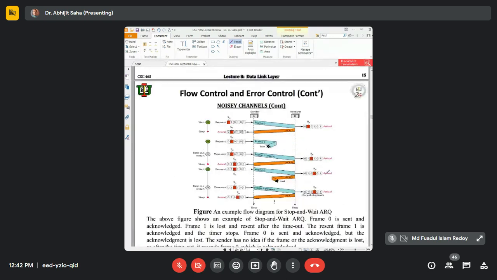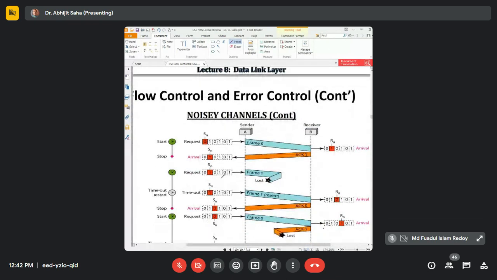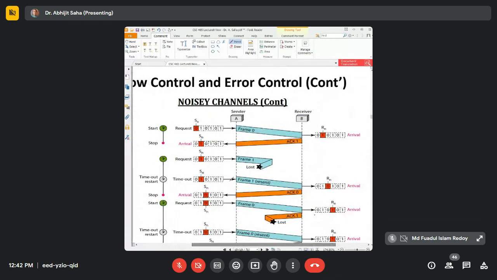If you look at the figure, you can send one window at a time. You have a total of 6 frames with the 6 sequence numbers 0 1 0 1 0 1. The first 0 is the starting frame here, so you are sending frame 0. Of course, you have started the clock.